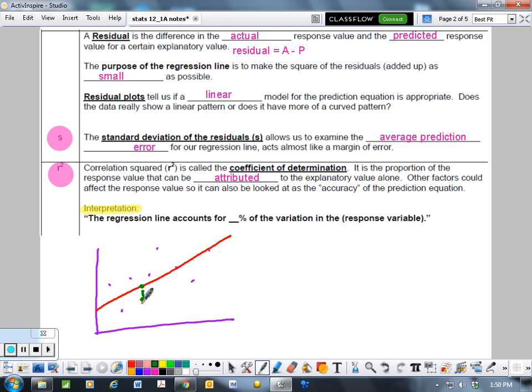If I do actual minus predicted, because this is lower, I would end up with a negative residual. That makes sense because it's below the line, so it would be a negative value. And then here, the difference between my actual and predicted, so actual minus predicted, this is the residual, so this would be a positive residual.